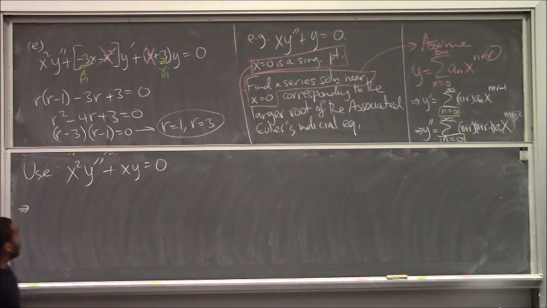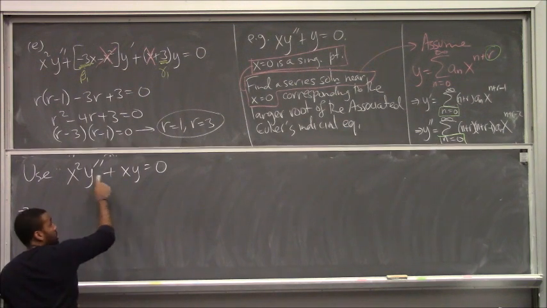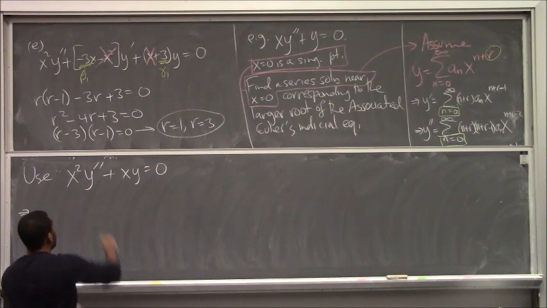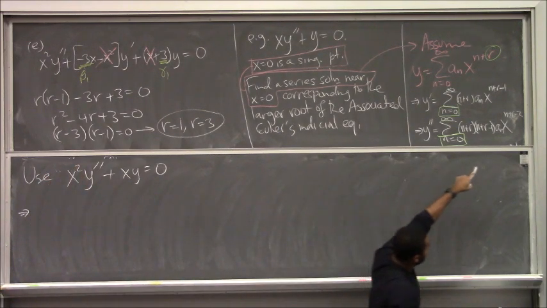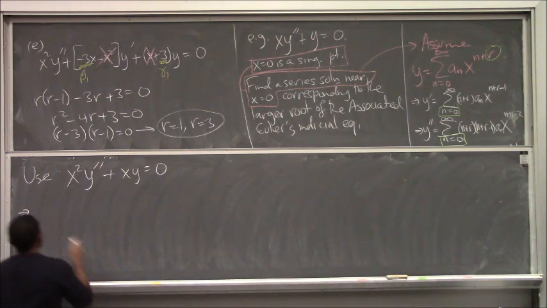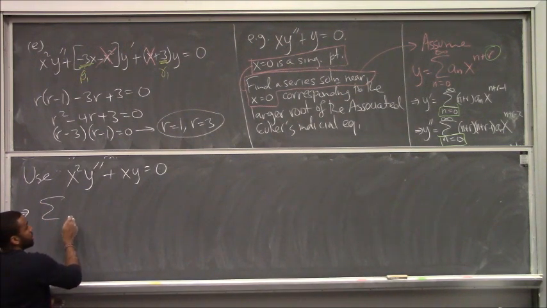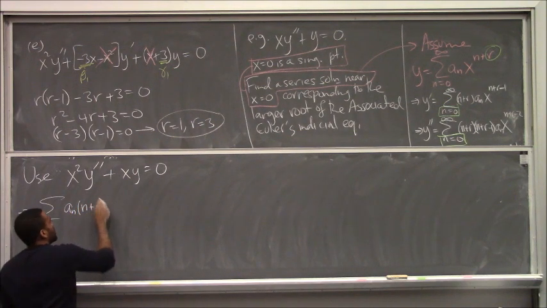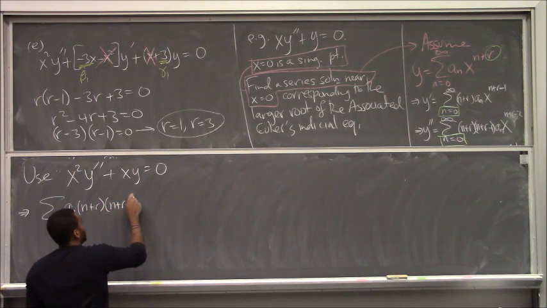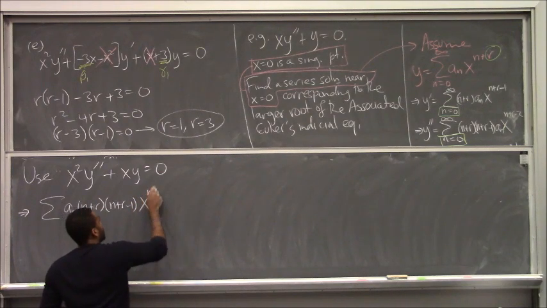And now, what's going to happen if I plug in the series for y double prime is that the 2 is going to kill that negative 2 right here. And so the first one is going to look like n plus r, n plus r minus 1, x to the n plus r.